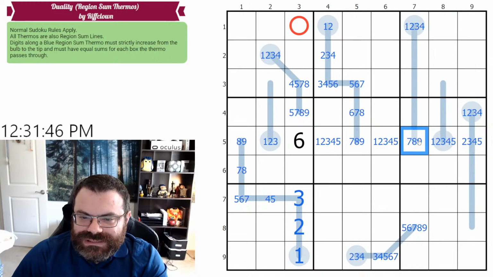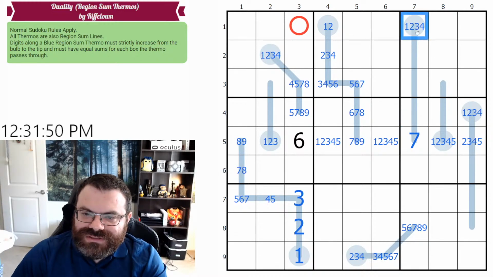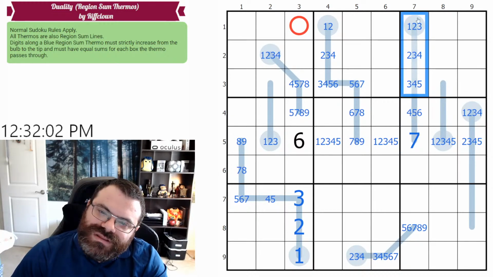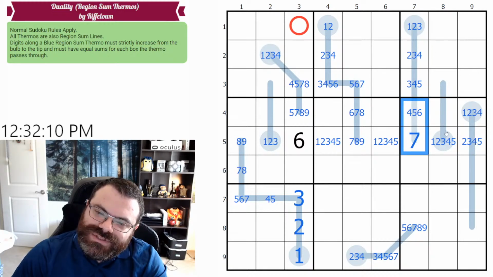So 7 is going to really restrict this. So if this was 7, let's lift this. So the max this could add to is 3, 4, 5, which is 12. But that forces this to be 6, 7, which is 13.